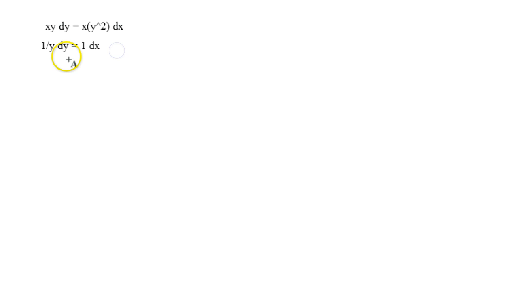As I integrate both sides, my integrals are not the nicest in the world. Do not forget your constants. So natural log of y plus c is equal to x plus c, and you can finish it from there by doing the same exact thing we just talked about.